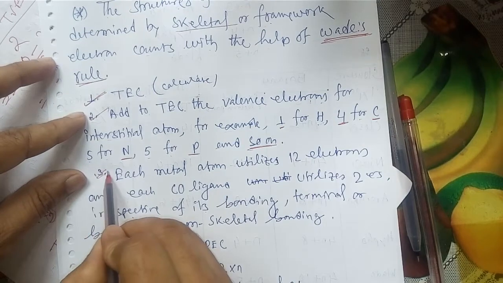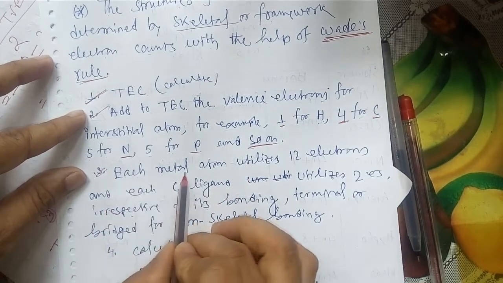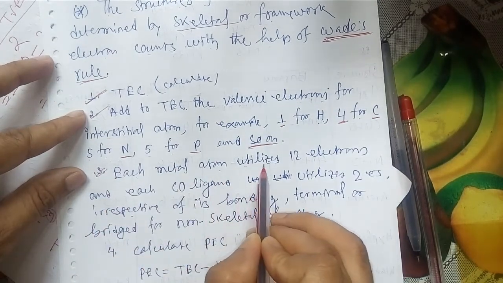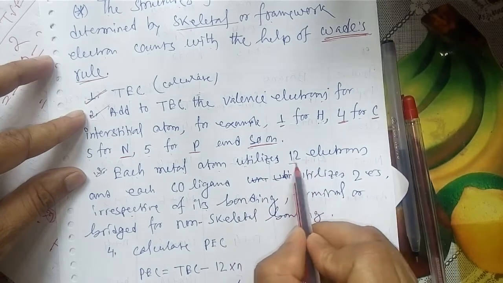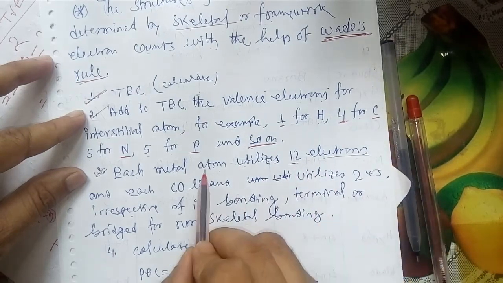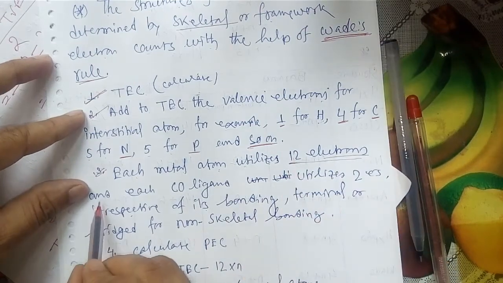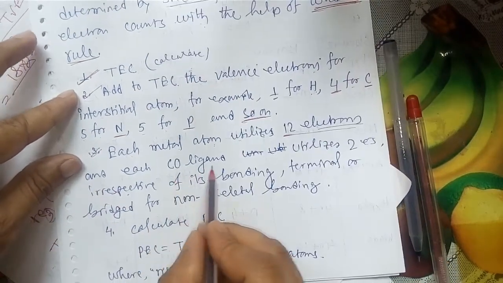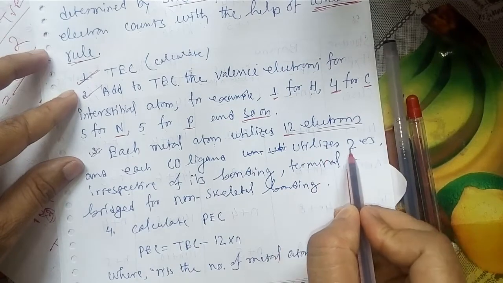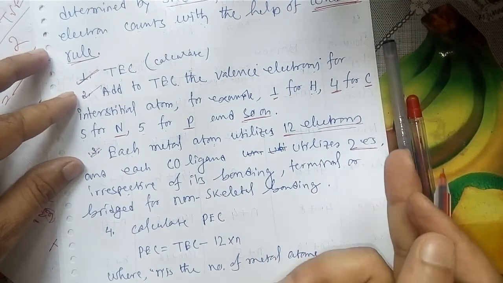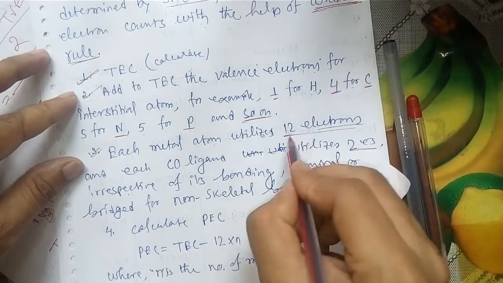Then point number 3: each metal atom utilizes 12 electrons and each CO ligand utilizes 2 electrons. Metals, how many electrons does each atom utilize? 12.